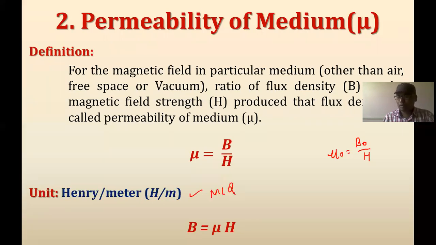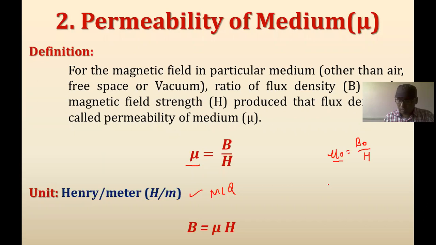If you compare mu and mu naught, then mu is the permeability of a medium, and if the naught is present, you have to consider that it is air, free space or vacuum. These three media you have to consider here.